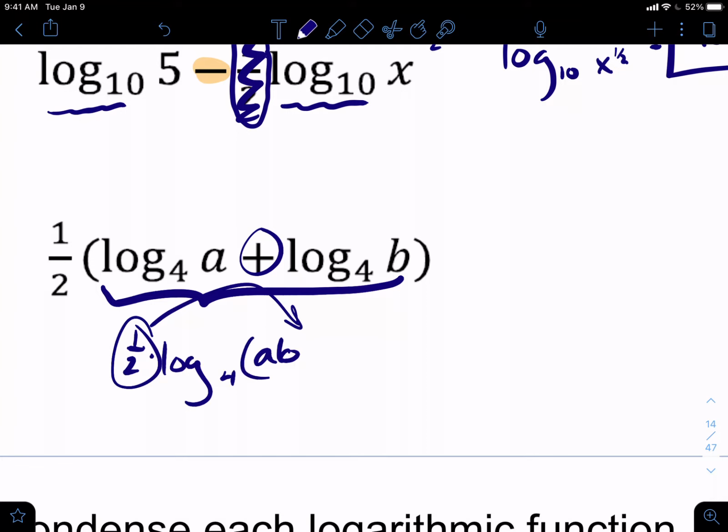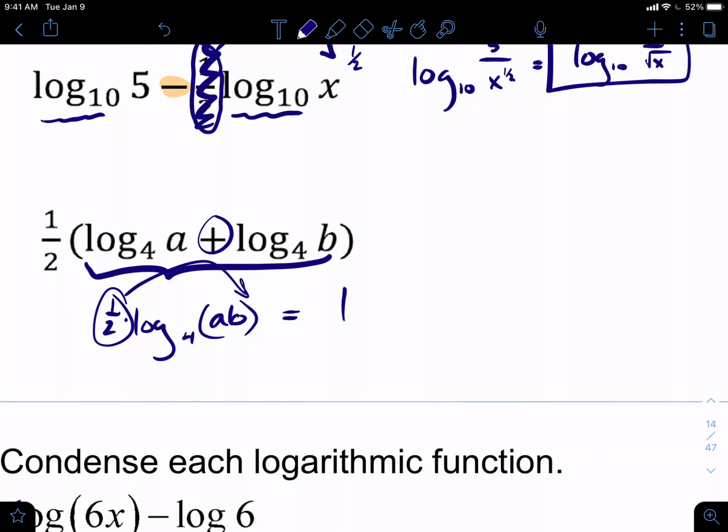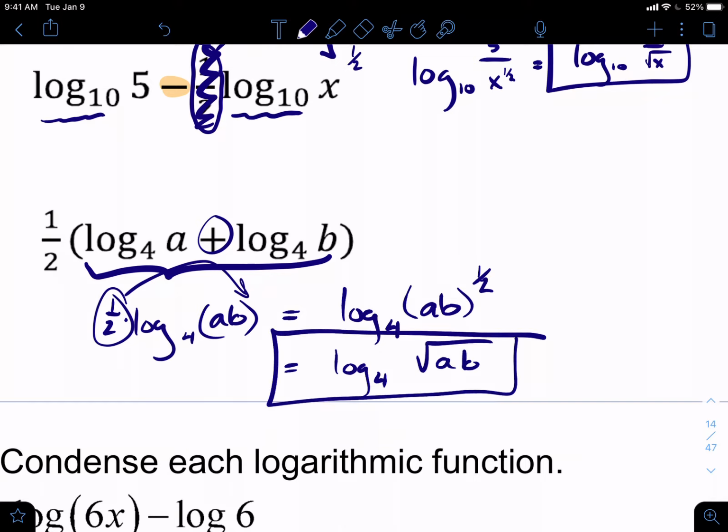Since it belongs to both of them, we can put parentheses around this and put it up there. So then we would get log base 4 of a, b with the 1/2 up top. And the 1/2 up top just means take the square root of it. So this is really the square root of AB. Now, that's one way to arrive at that answer.